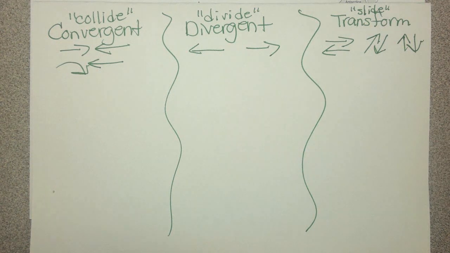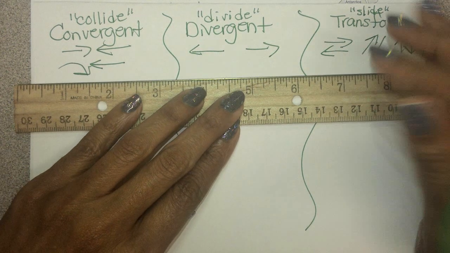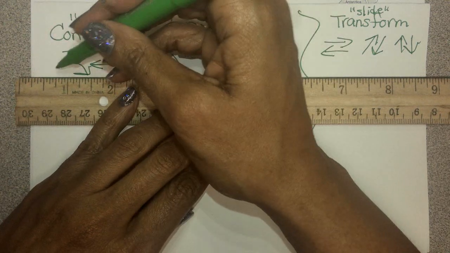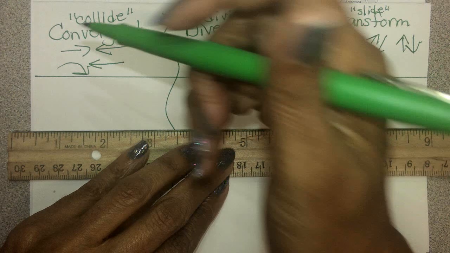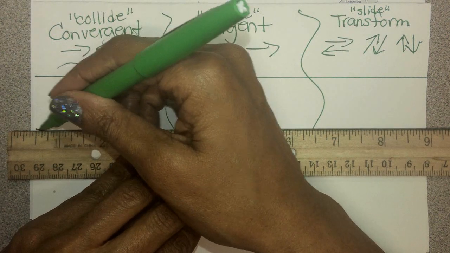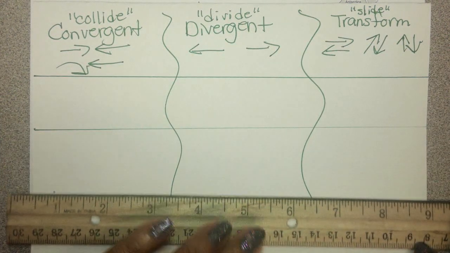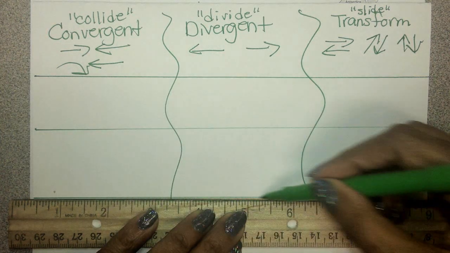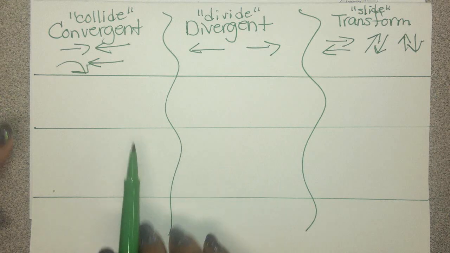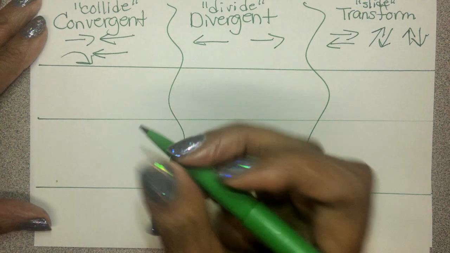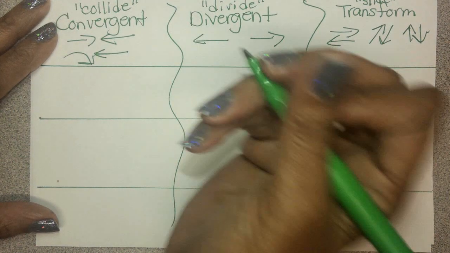Alright, so we're going to quickly go over the different geological features. And when you hear the word geological feature, that just means a type of landform. Alright, so for convergent, there's three different types of convergent boundary crusts that can come together.